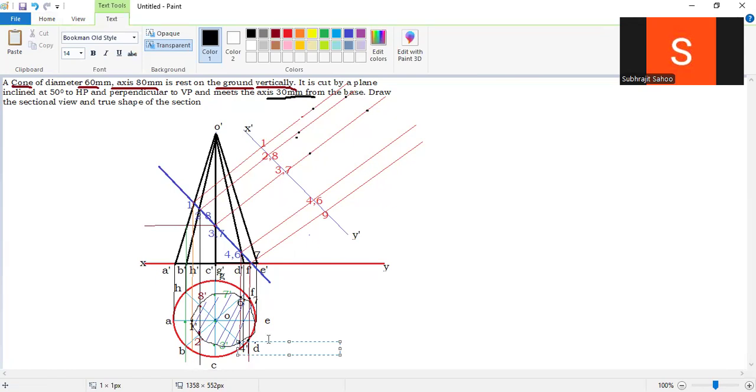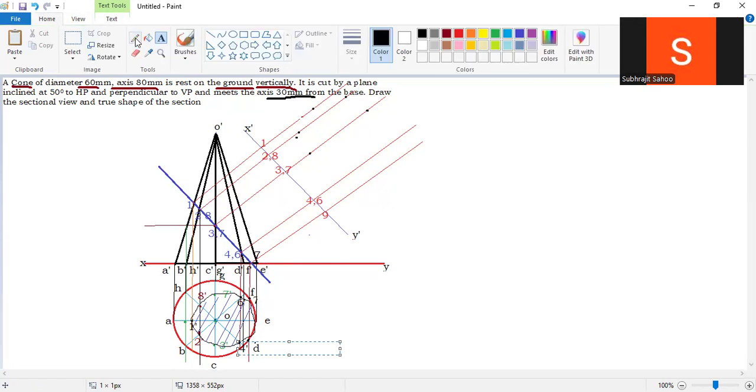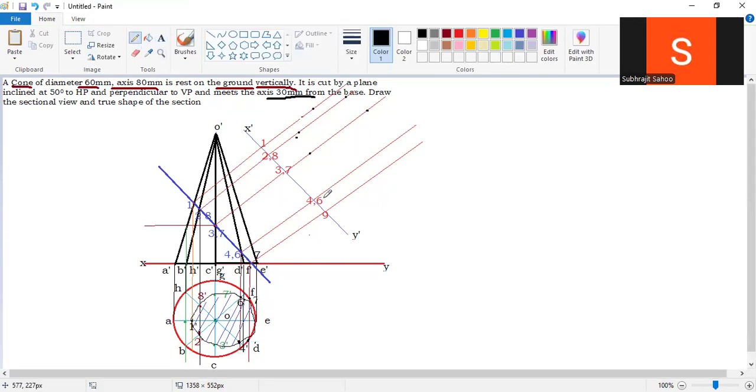So measure here, here to 4 dash, and 6 dash, right? So the 4 dash point, let me give it here, 4 dash.